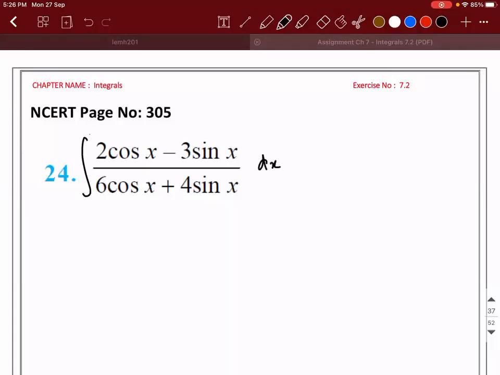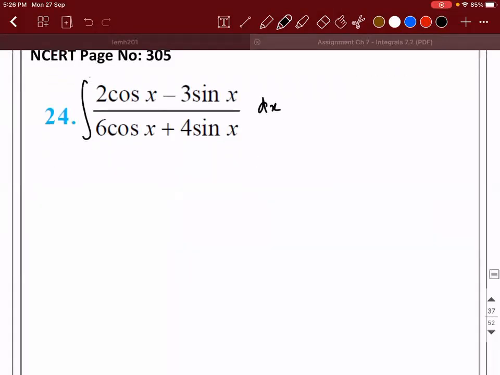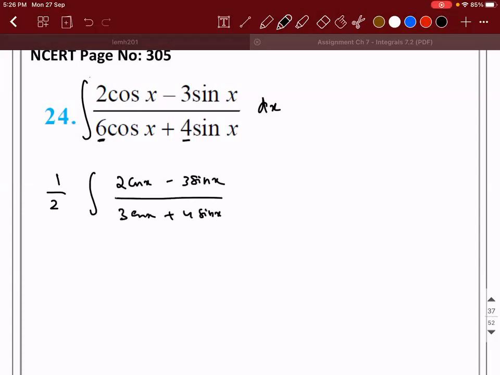Integral of 2 cos x minus 3 sin x by 6 cos x plus 4 sin x. How to do? So 6 and 4, what can be taken out common? 2 can be taken out. So 1 by 2 into 2 cos x minus 3 sin x divided by 3 cos x plus 2 sin x. Now you observe something, the problem is actually simple now.